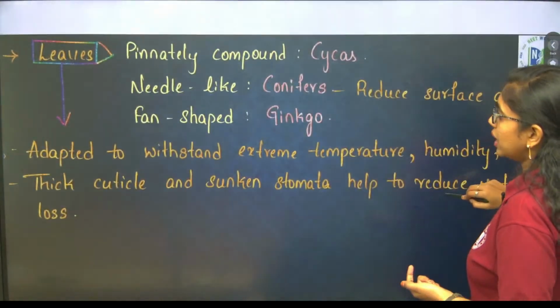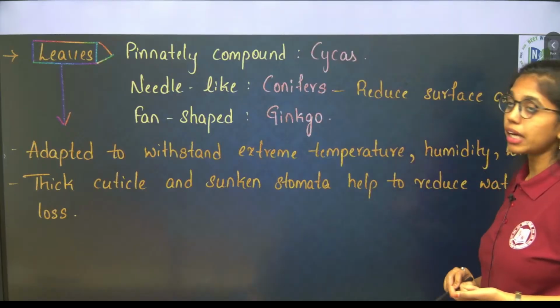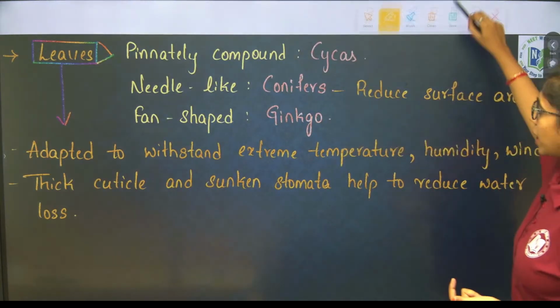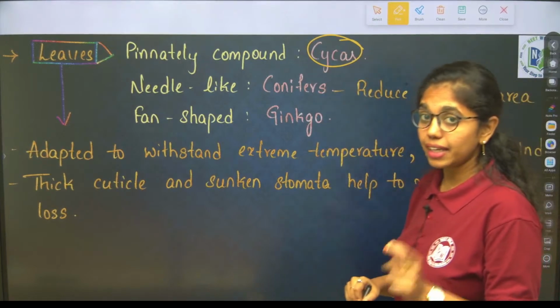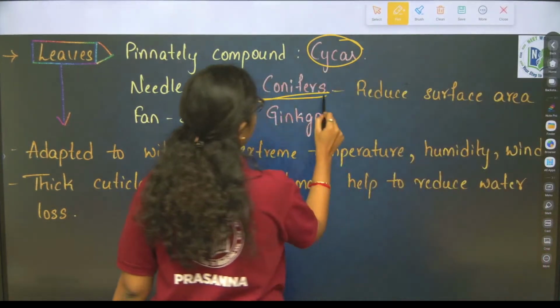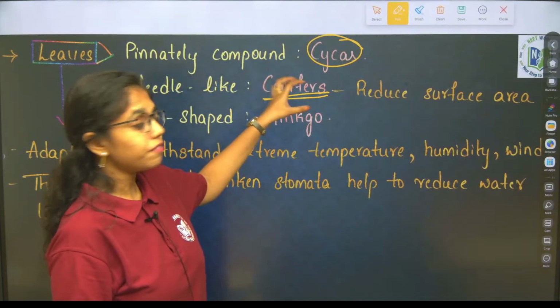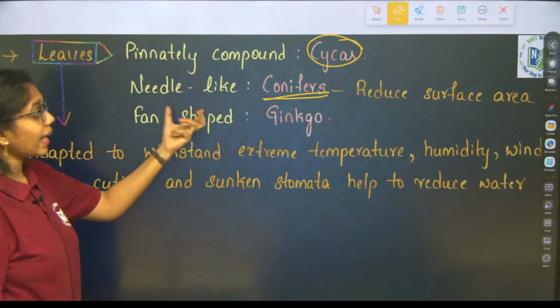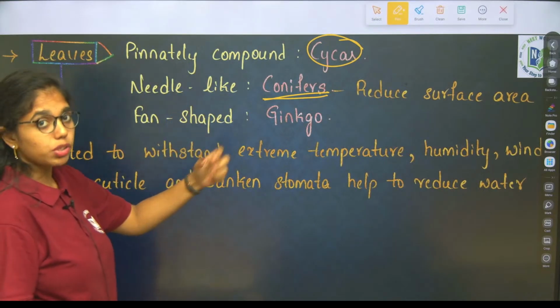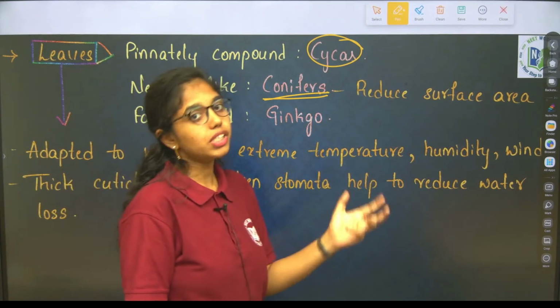Next, leaves: pinnately compound leaves are present, for example Cycas, whereas needle-like leaves are seen in conifers. Needle-like leaves will reduce the surface area, which is the best adaptation for xerophytes.